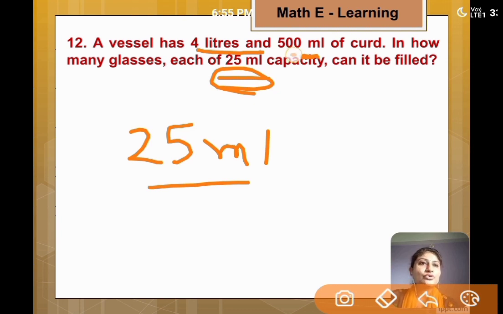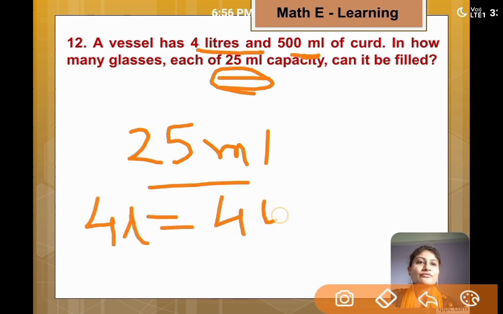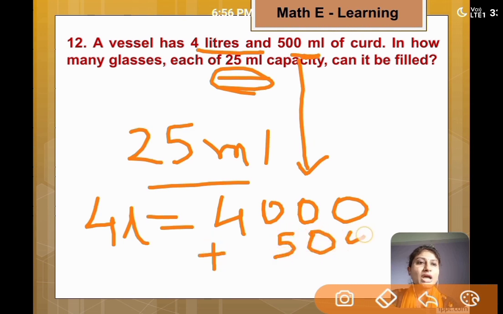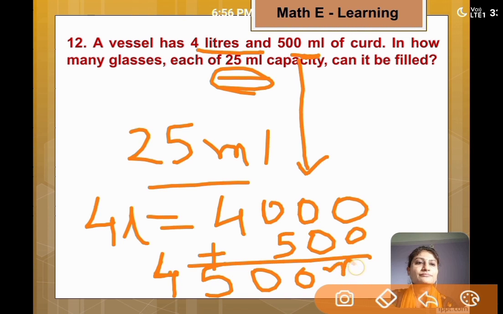We know that 1 liter is equal to 1000 milliliters. So 4 liters is equal to 4000 milliliters and 500 more ml is given. So we add both and we get 4500 ml.